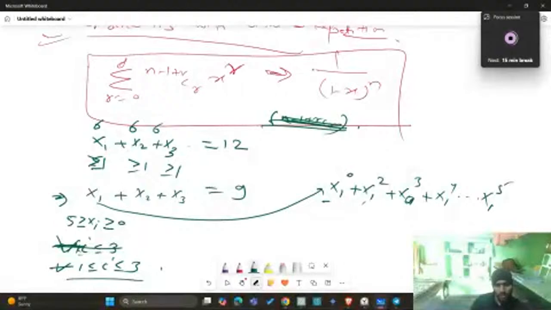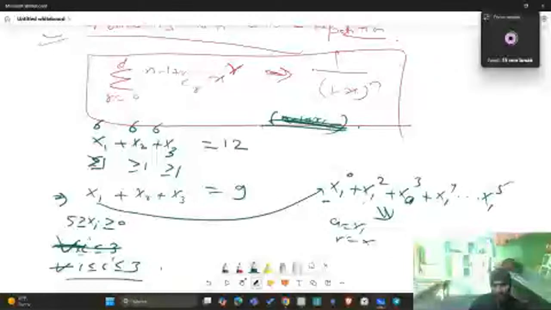So how can we solve this? Here n is equal to 5, so we want n equal to 6 here.